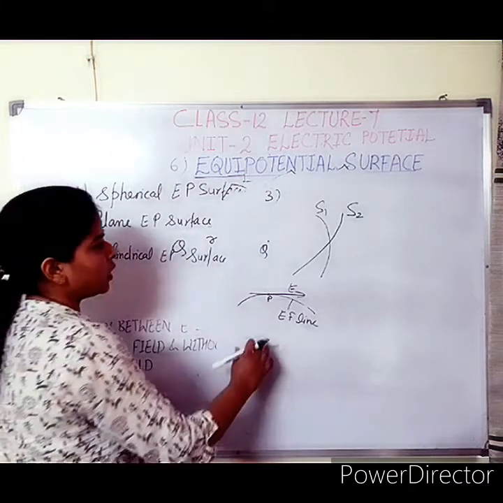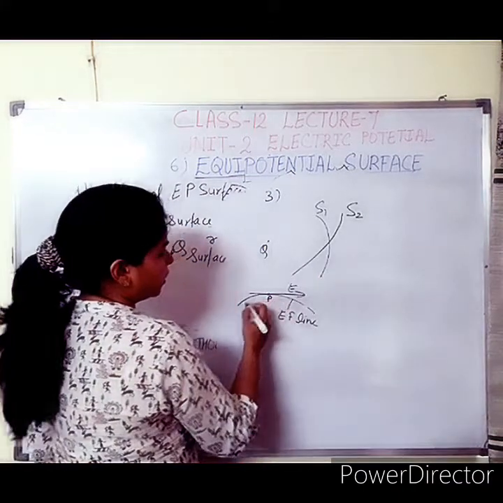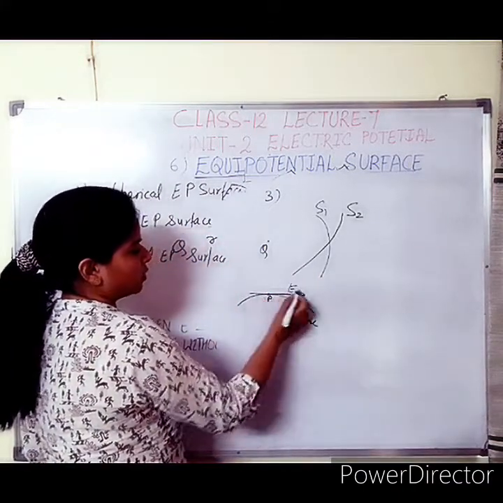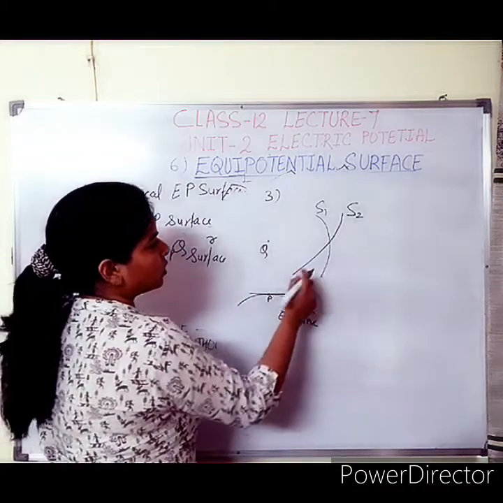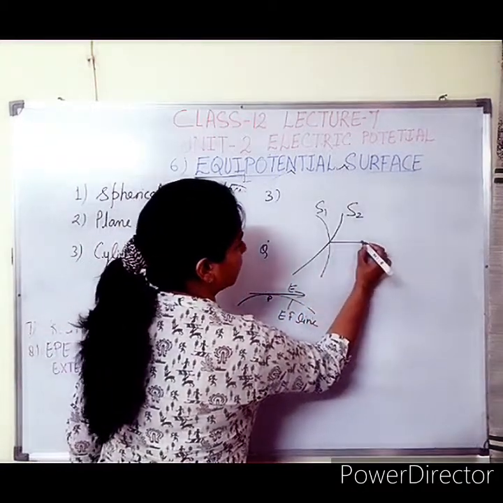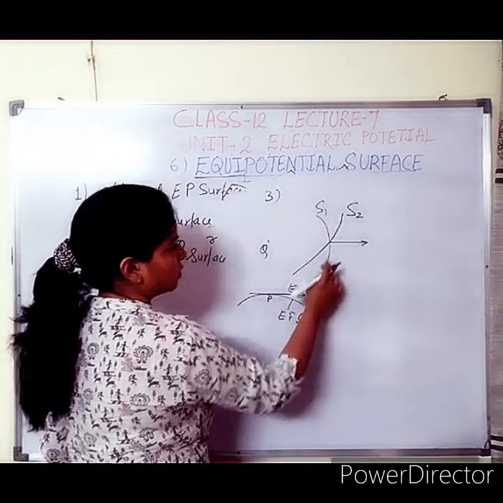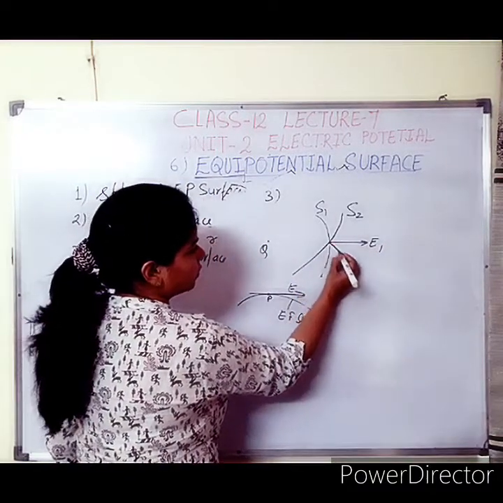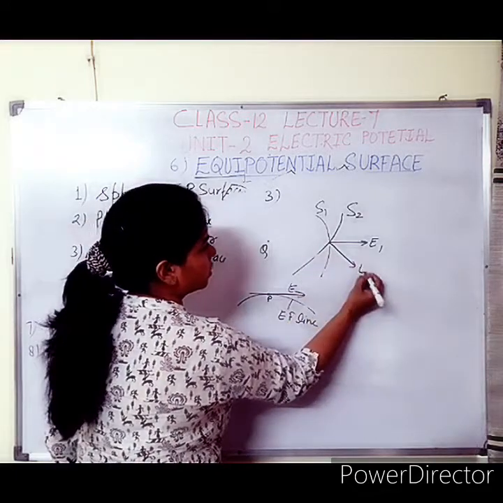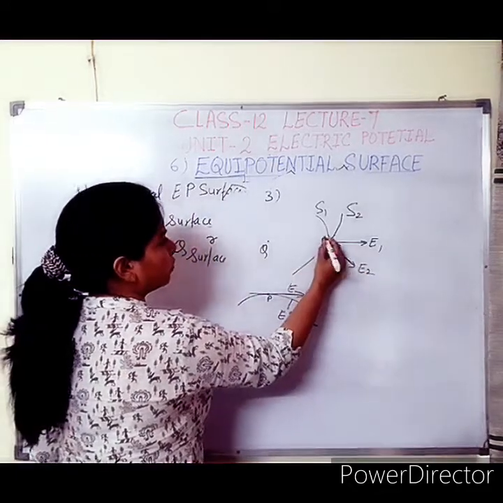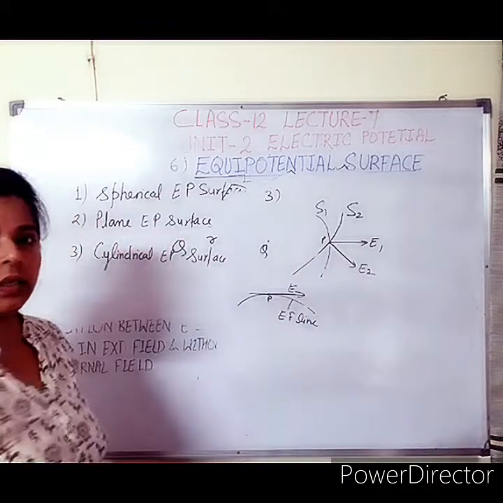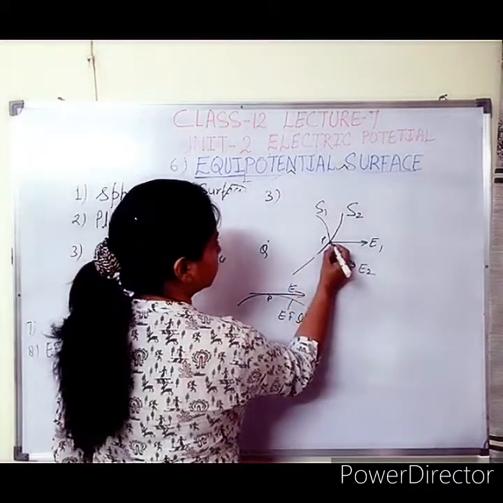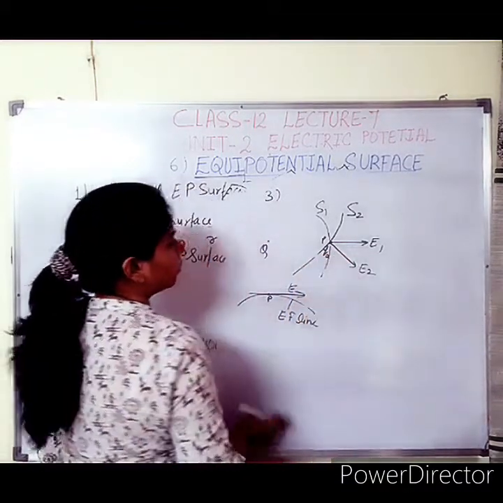So what will happen, the same case here. This is the electric field line, so electric field is represented by the tangent, and for the equipotential surface electric field is represented by the perpendicular line. So for this surface electric field is here, this is E1, and for this surface electric field is perpendicular to this surface, this is E2. That means at one point there are two directions of electric field. If we place any test charge Q0 over this point, what will happen?